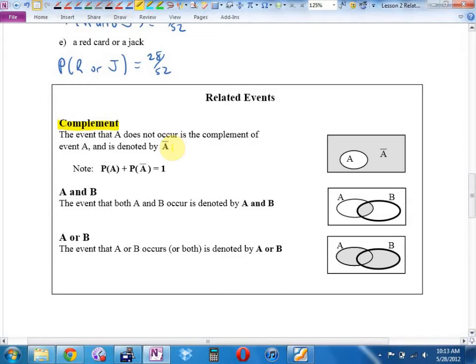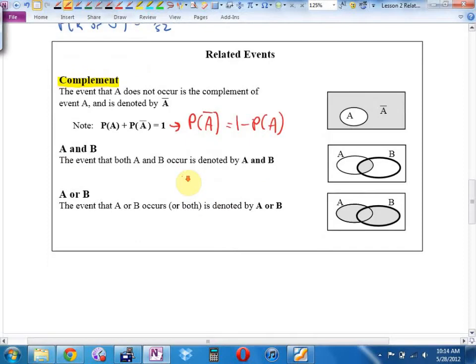And if you can find one event, you can find the other event because they add to one. In fact, Tyson, what I usually use is this. The probability of an event not occurring is equal to 1 minus the probability of the event occurring. Often, instead of finding the odds of something not happening, it's way easier to find the odds of it happening and just go 1 minus that. Because something happens or it doesn't all the time.